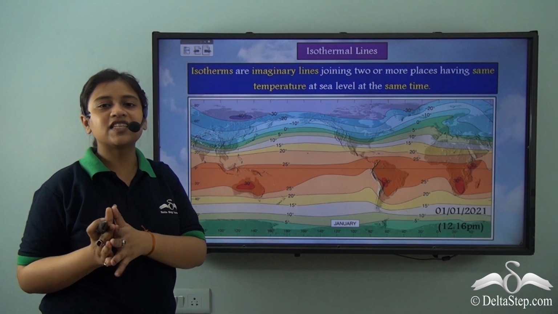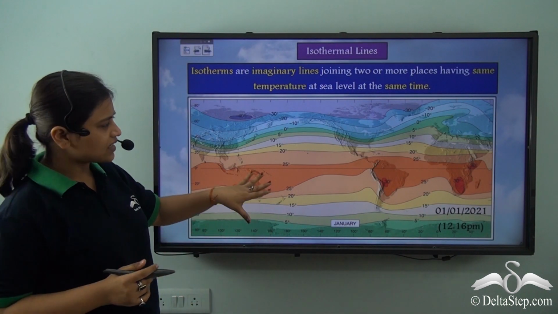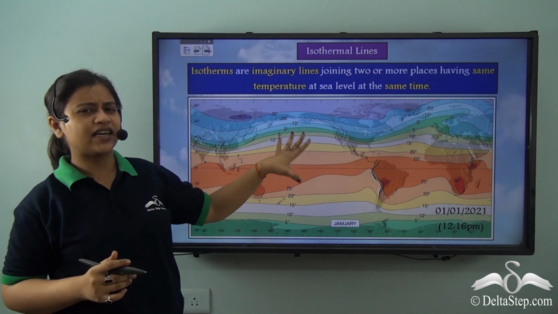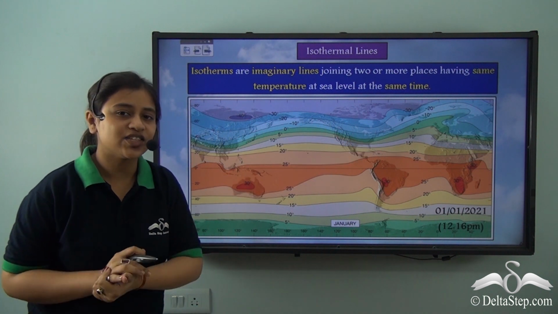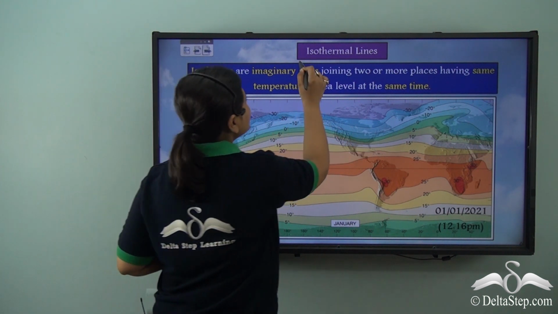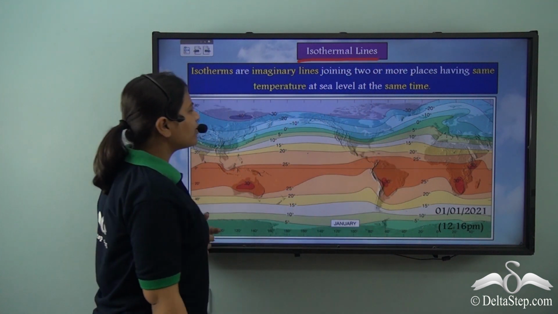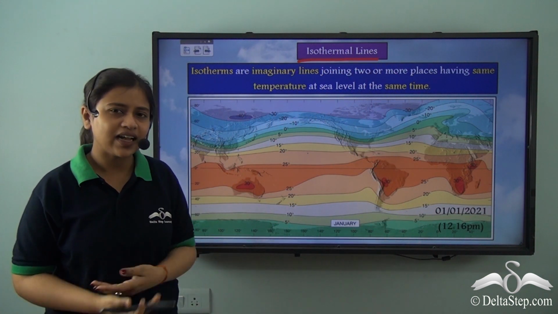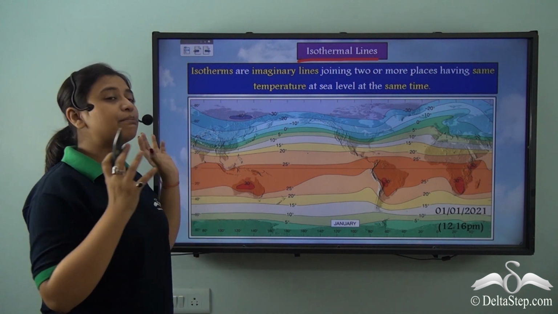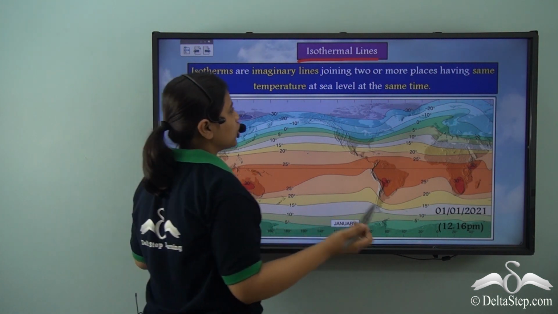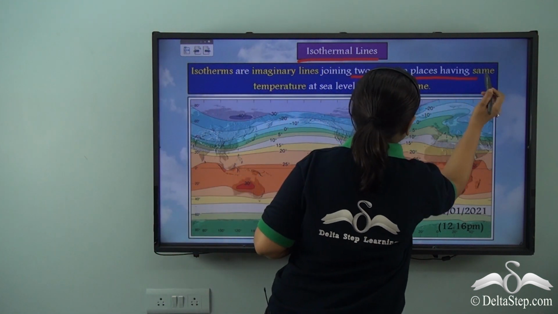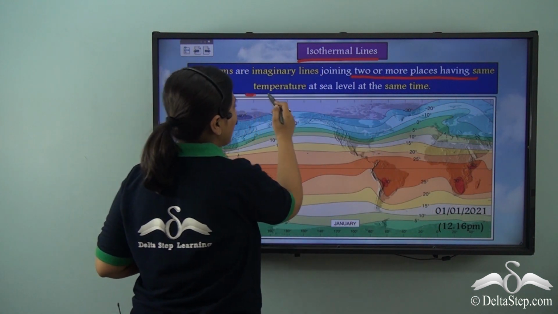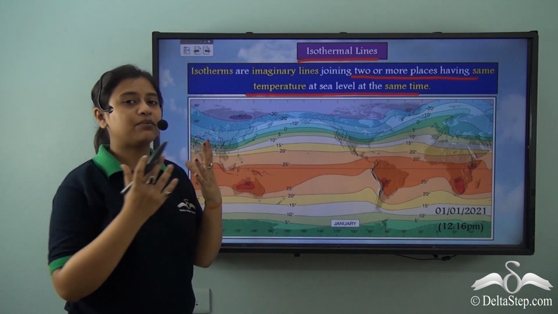Now take a look at this particular image. This tells you about something very interesting. It tells you about the isothermal lines. Now what exactly is an isothermal line? Well, these are imaginary lines that join two or more places having same temperature at sea level at the same time.